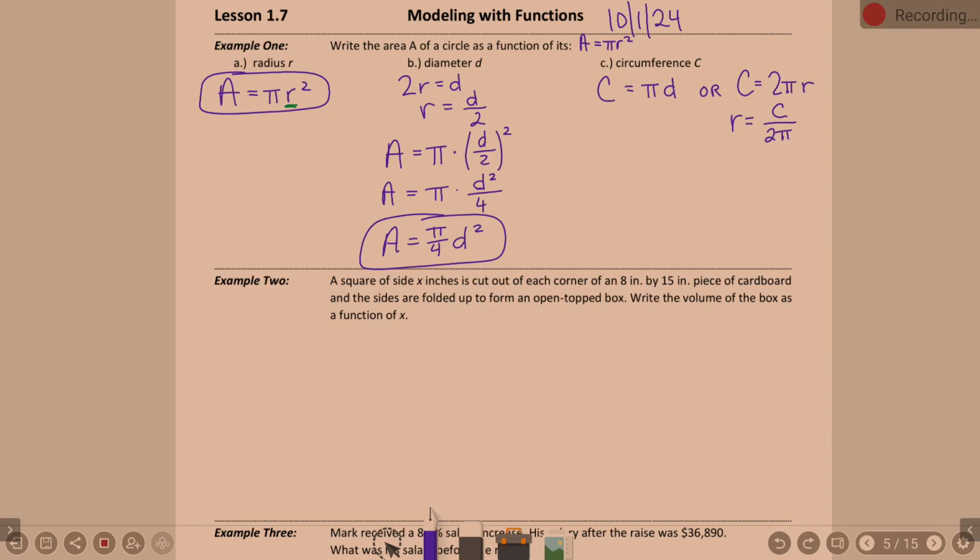Agreed? Yes. So now, if r is equal to C over 2 pi, take your area formula, which is area equals pi times r squared. What are we putting in place of r? C over 2 pi squared.